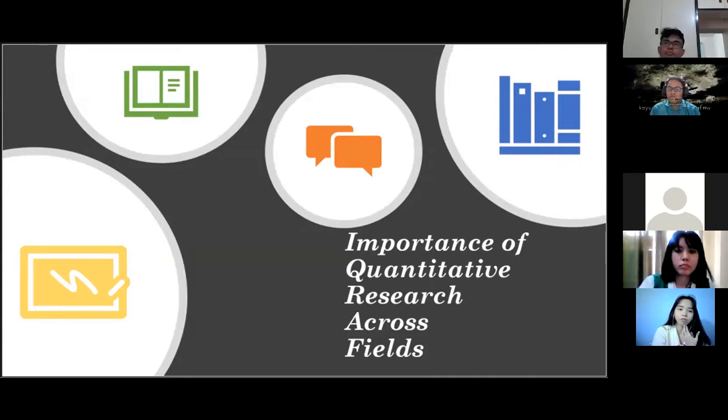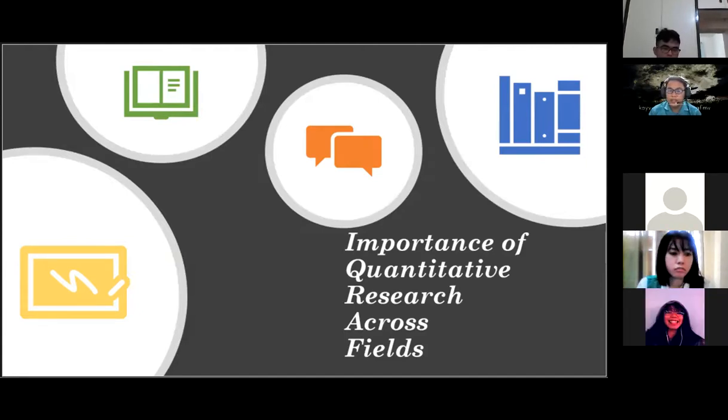Who does quantitative research help? Does it help business industries, agricultural industries, fisheries or fishing industries, and so on? This is just a short lesson on the importance of quantitative research across fields. So let us start.